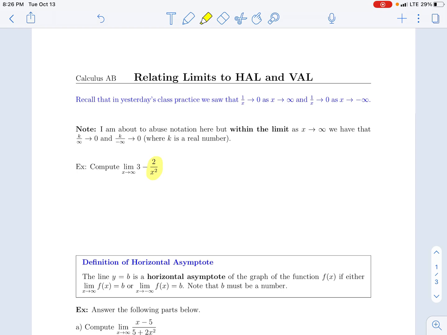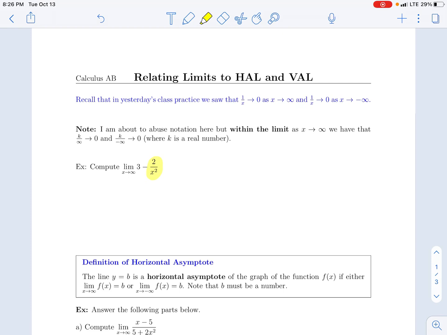So I have in this case, what's highlighted in yellow, a number divided by x squared, but we know that within the limit I have a number divided by infinity. I know that the end behavior of x squared is infinity, and so within the limit I have a number divided by infinity, in air quotes.